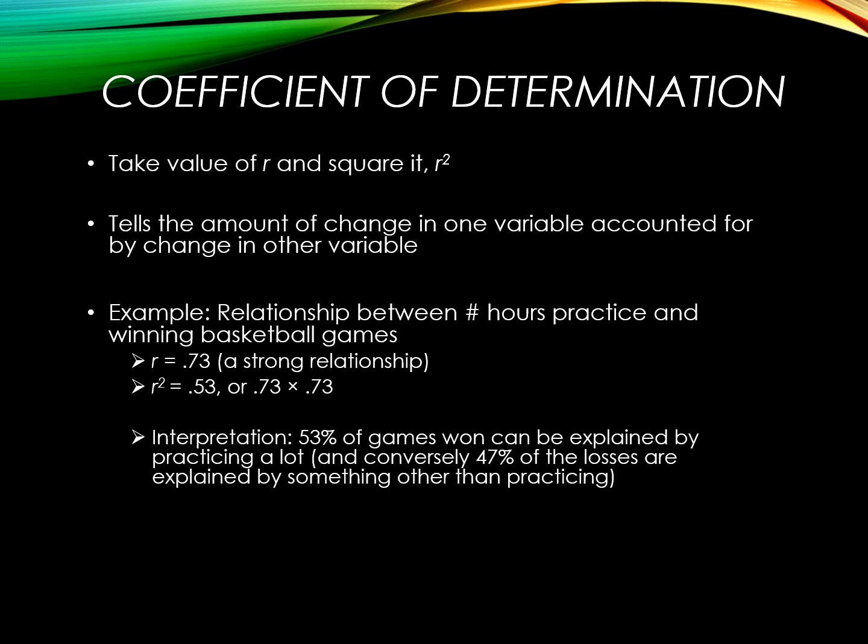So we look at 0.73 as a strong relationship, and our R squared, which would be 0.73 times 0.73, which would be about 0.53, is our coefficient of determination. So if we look at the interpretation of this, we'd say 53% of games won can be explained by practicing a lot. And conversely, 47% of the losses are explained by something other than practicing.